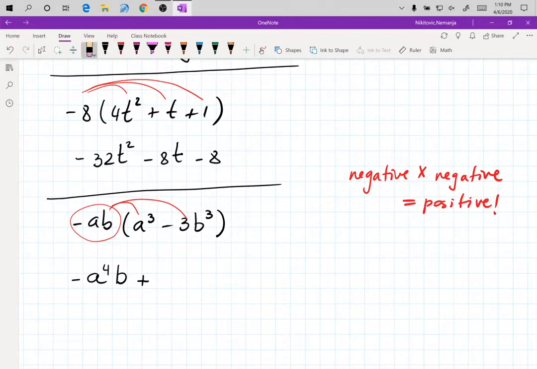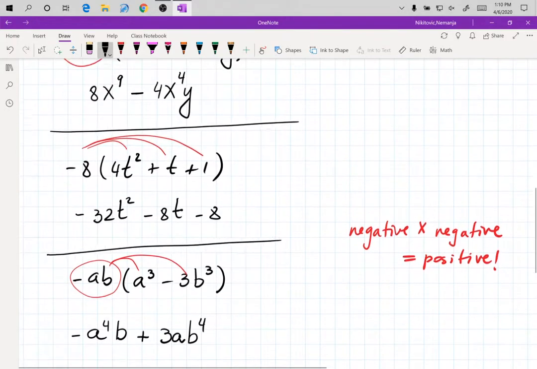So that's a plus. And now I have 3, and then I have 1a and 4 b's. And I have 4 b's because 1 plus 3 is 4. So that's that deal. So that's the first part of our multiplication.